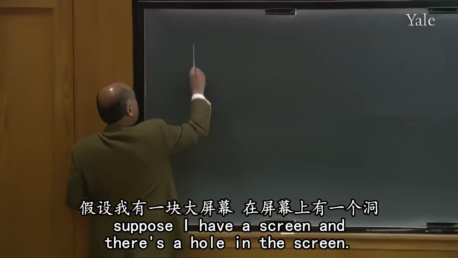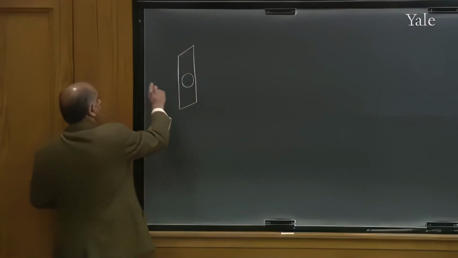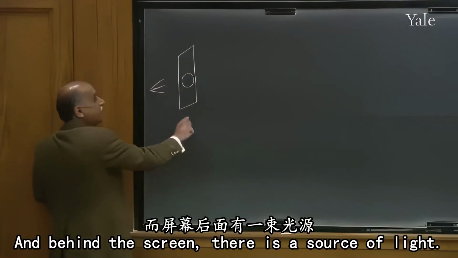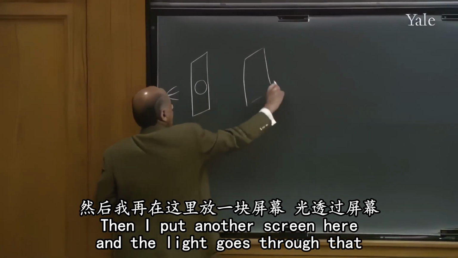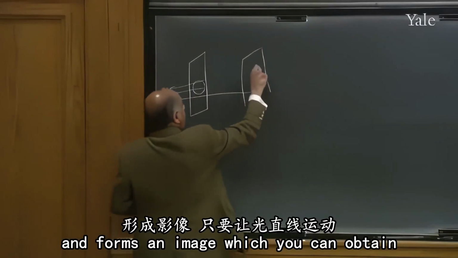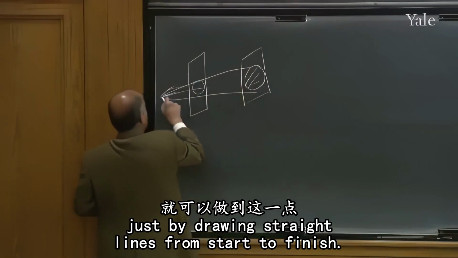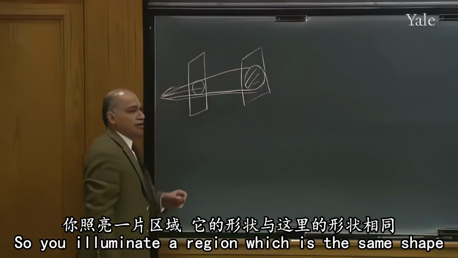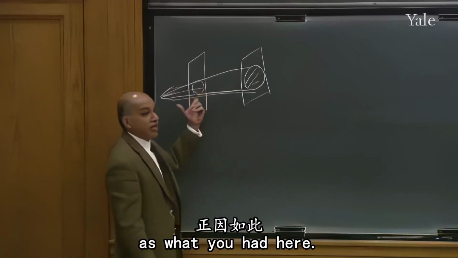Suppose I have a screen, and there's a hole in the screen, and behind the screen is a source of light. Then I put another screen here, and the light goes through that and forms an image which you can obtain just by drawing straight lines from start to finish. So you eliminate a region which is the same shape as what you had here.